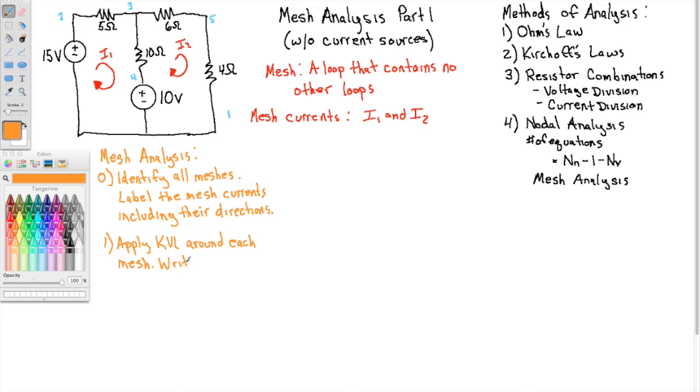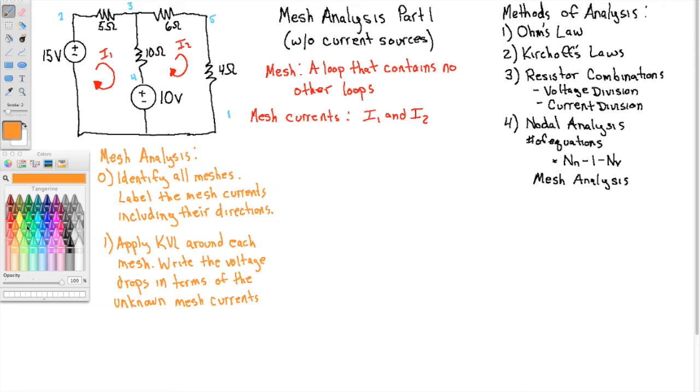Write the voltage drops in terms of the unknown mesh currents. Okay, and I urge you to maybe pause this video and go back and look at what we did. Look at the steps for nodal analysis. You'll see something very similar here.